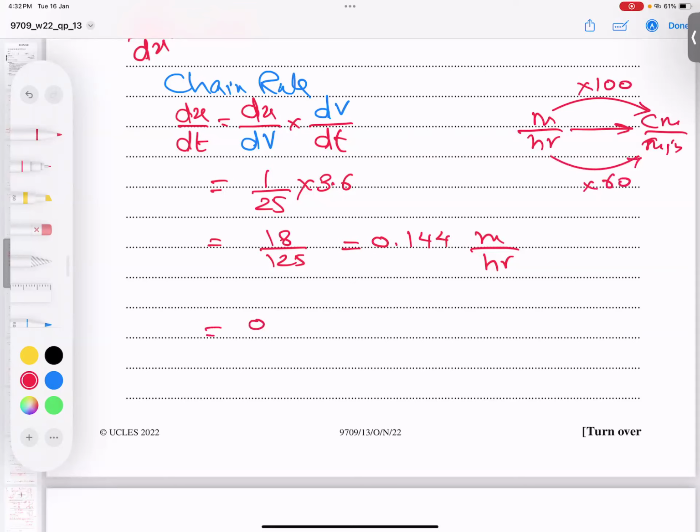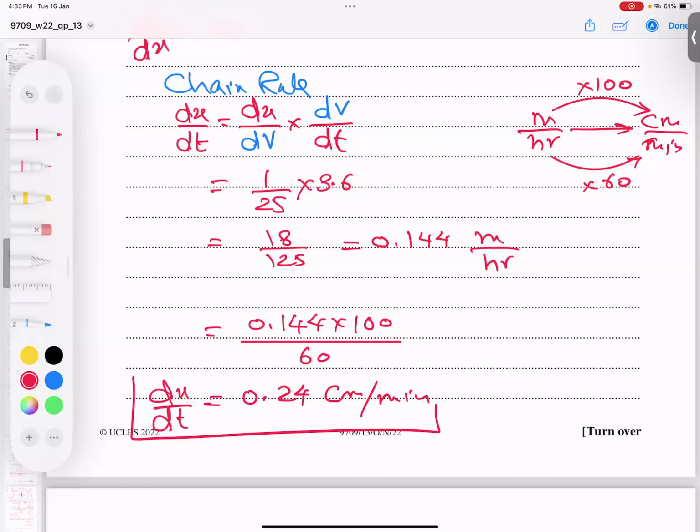So I will do 0.144 times 100 over 60. I believe you got the idea. Let me type it properly in full here. And I'm getting 0.24 centimeter per minute. And that's it, the question is completely over.